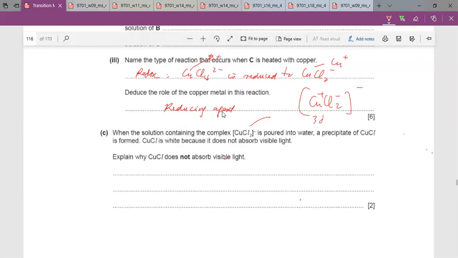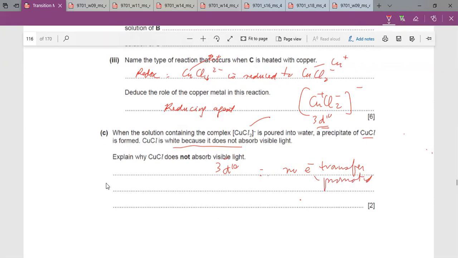Copper plus is 3d10, because you lose the 4s1. So here the precipitate of CuCl is white. Why? Because the copper 1 plus 3d is completely filled. Therefore, you must say no electron transfer or no electron promoted. You must say this. So they give the answer here.